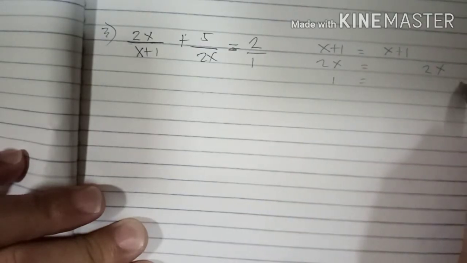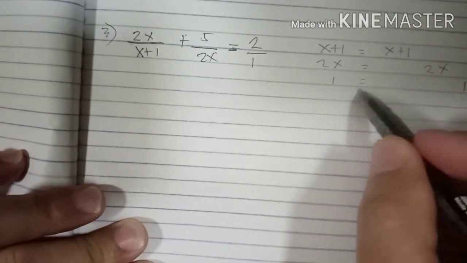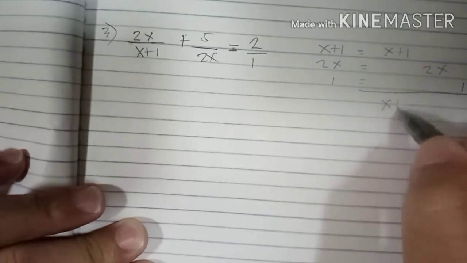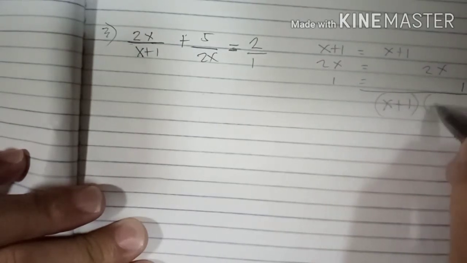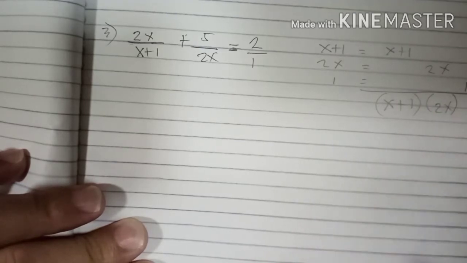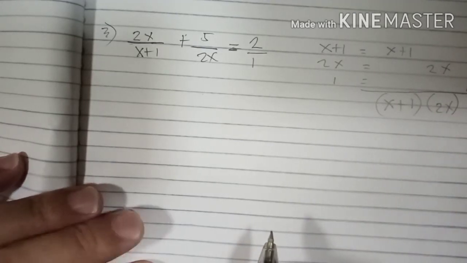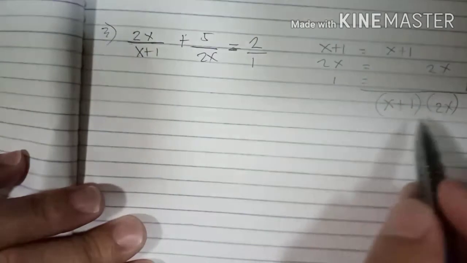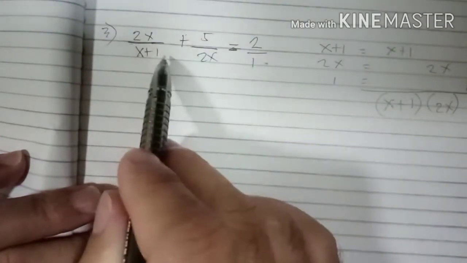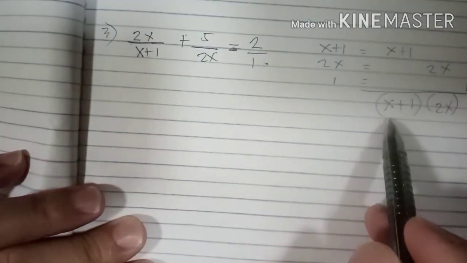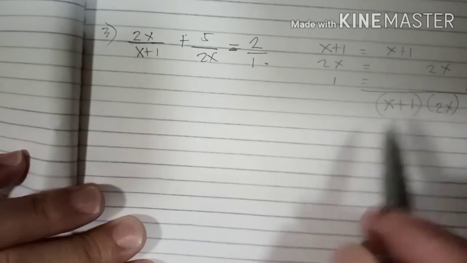So our least common denominator is (x + 1) times 2x times 1. Now we multiply each side of the equation by our least common denominator, which is (x + 1) times 2x.